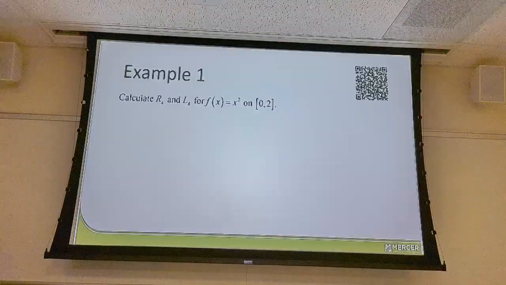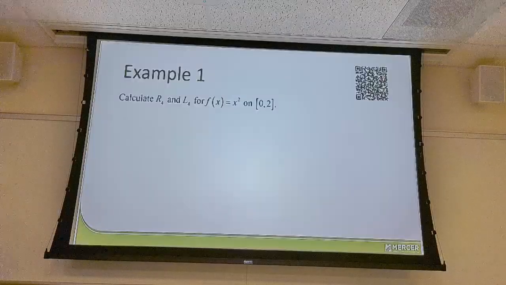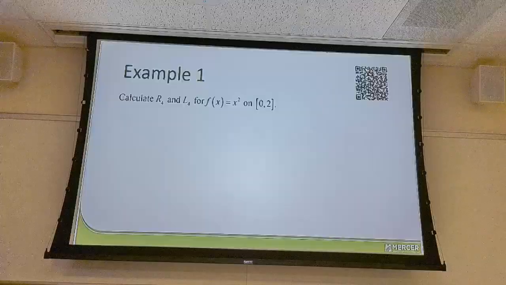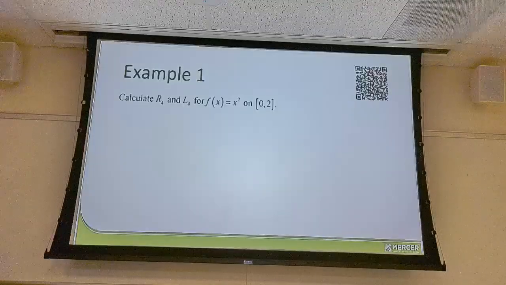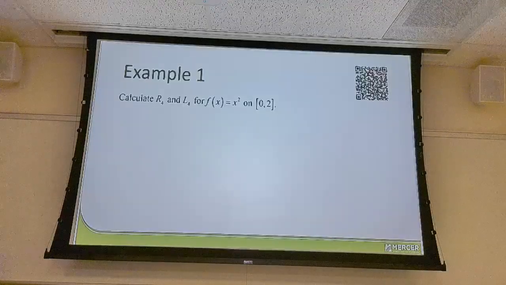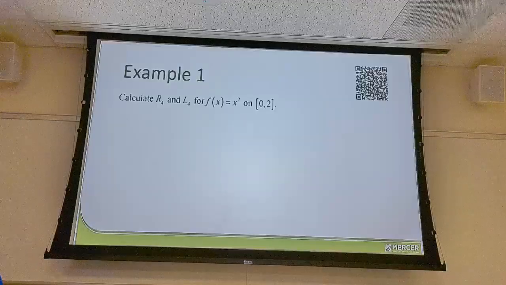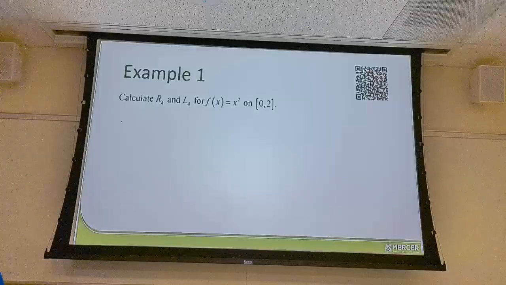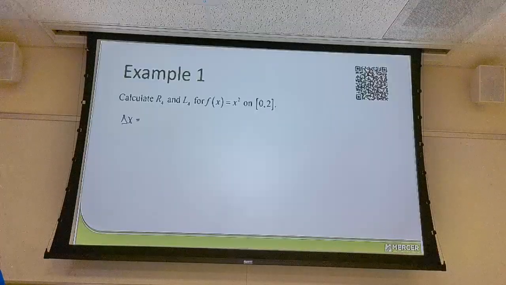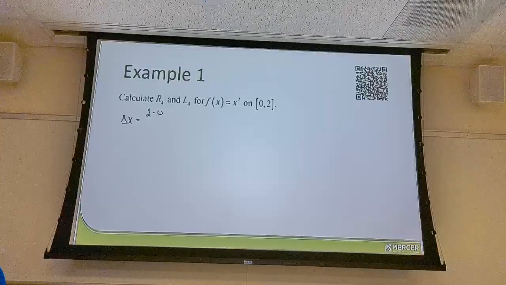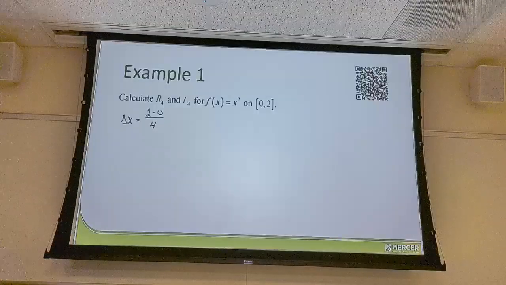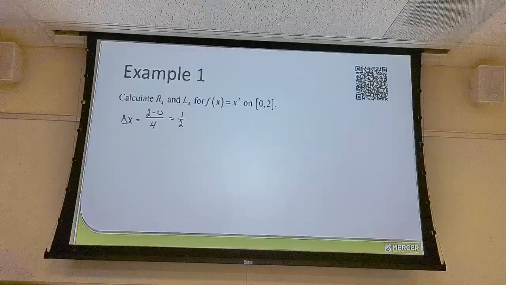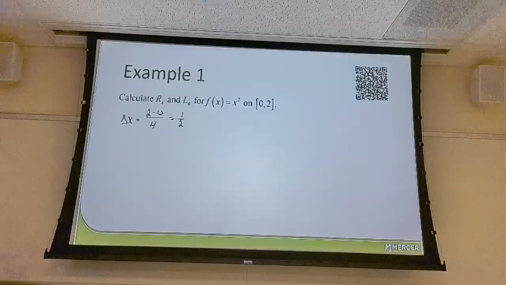So calculate R sub 4 and L sub 4 for 4x squared on the interval 0 to 2. Well, for either one, delta x will be the same. So the length of each interval is 1/2.